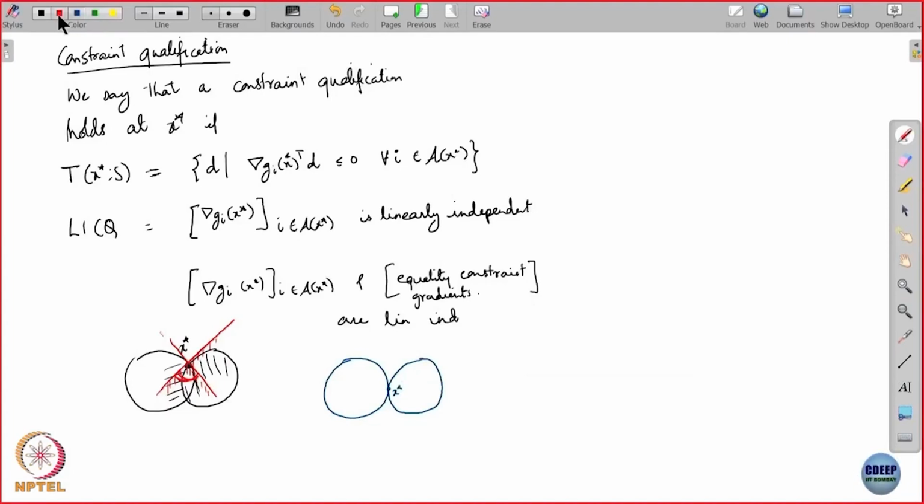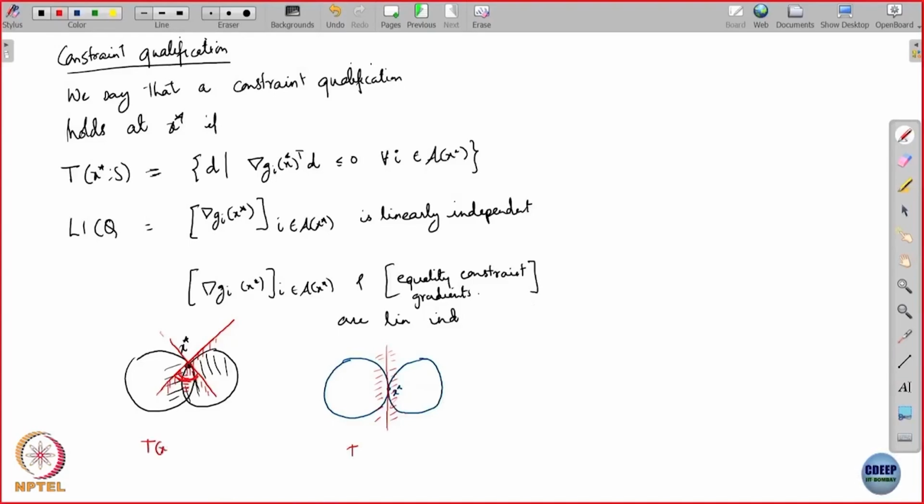What would happen in this case? The tangent cone with respect to one set would be this, the tangent cone with respect to the other set, okay. So we are talking of the tangent cone at x star in the common region, right.